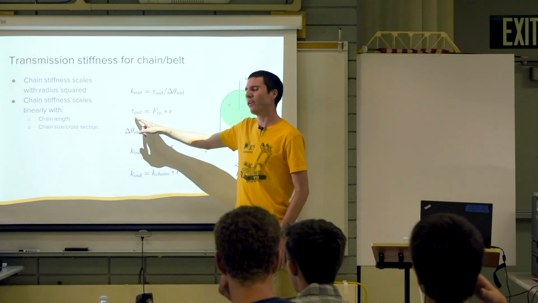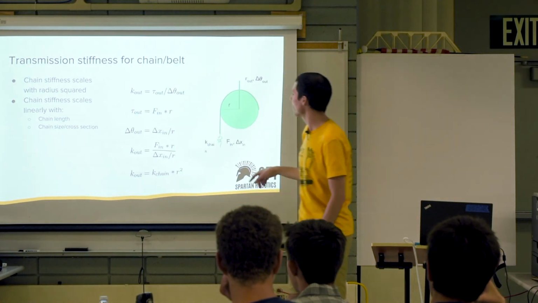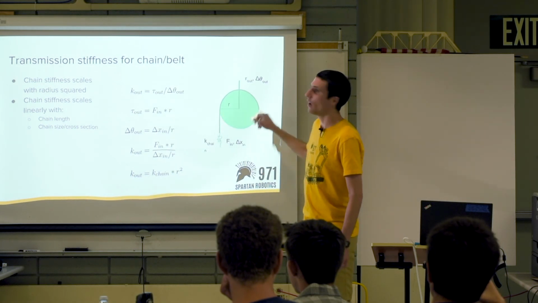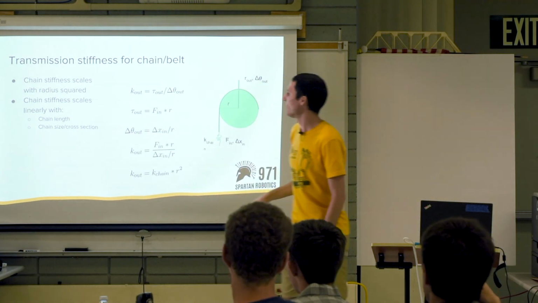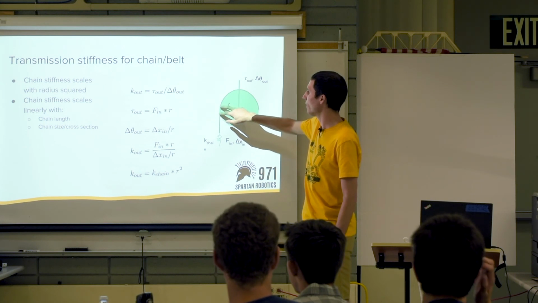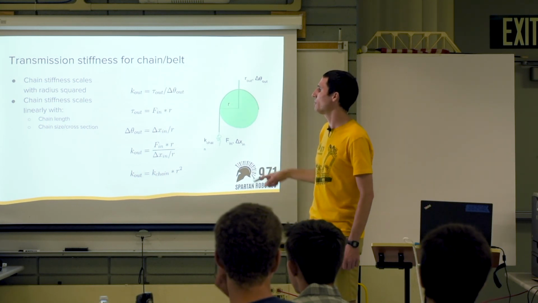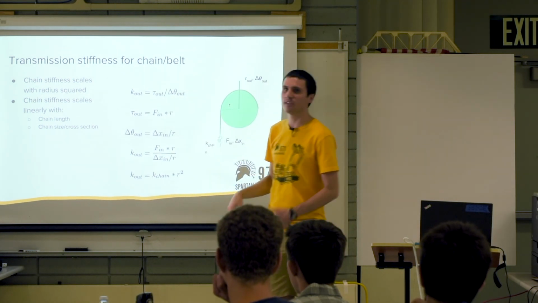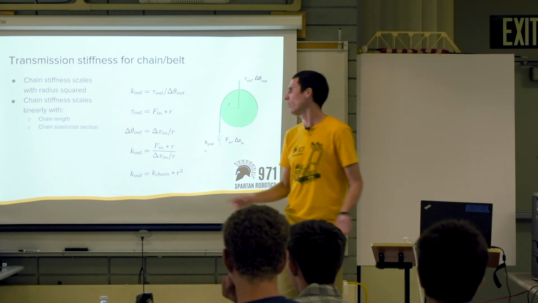Torque is force times radius, so that's going to be the force in our spring times the radius of our sprocket. Angular displacement is going to be how far the chord length moves divided by the radius. We can put these two things in this equation and get our stiffness on the output in terms of our input from the chain.